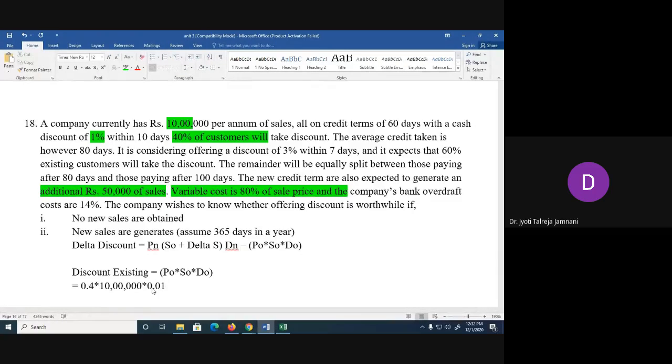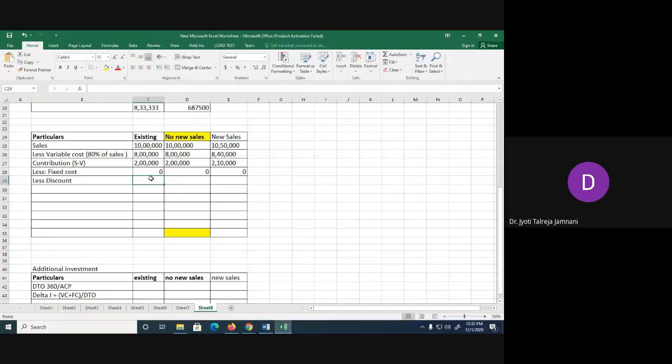Multiplying this, you get 4,000, right? So this is your existing discount, 4,000. Here I will write it.